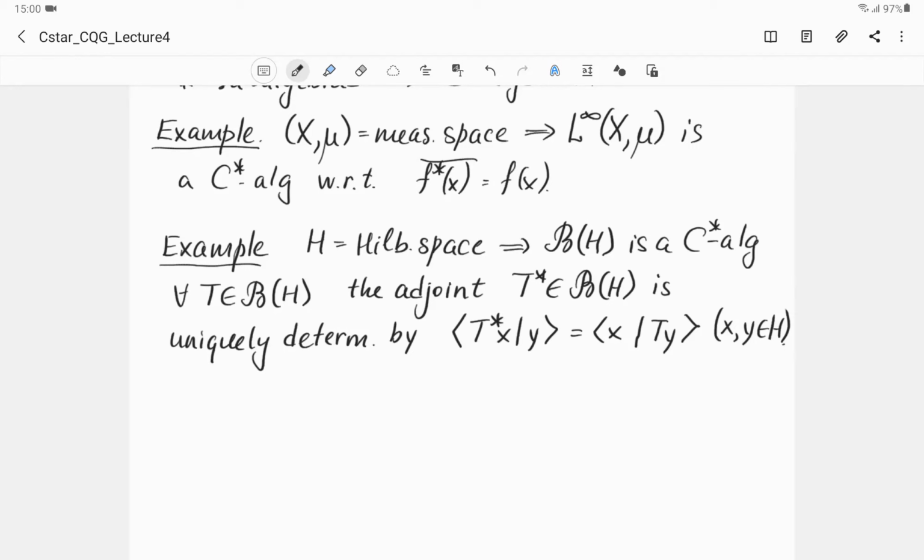Star homomorphisms with values in B of H have a special name. They are called star representations.